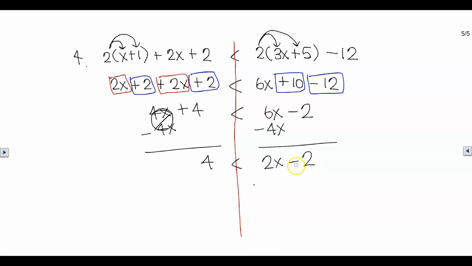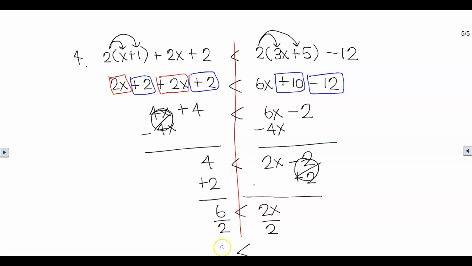Undo adding or subtracting. Well, I see subtracting 2, so I know I need to add 2. I get 6 is less than 2x. Undo multiplying or dividing. I see multiplying by 2, so I divide each side by 2. And then I ask, is it a flipper? And the answer is no. I have divided by a positive, so I'm going to get 3 is less than x.